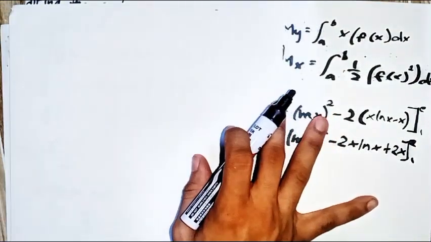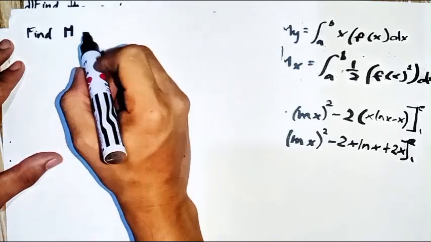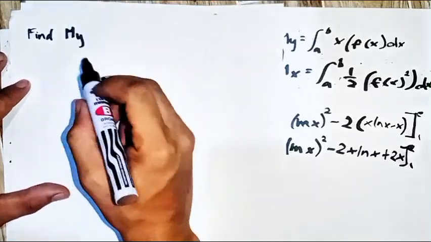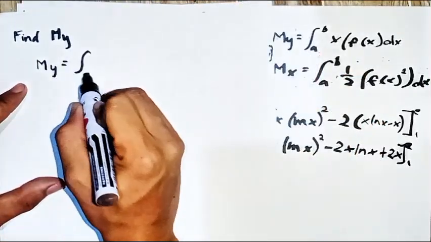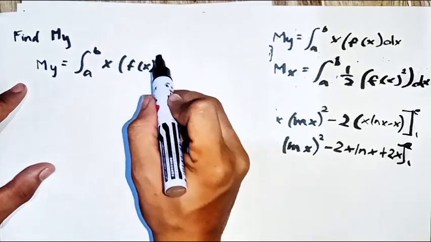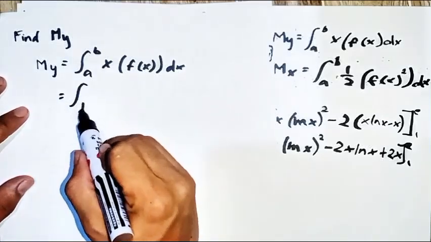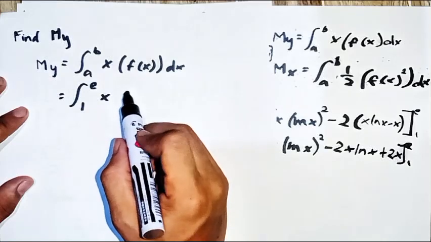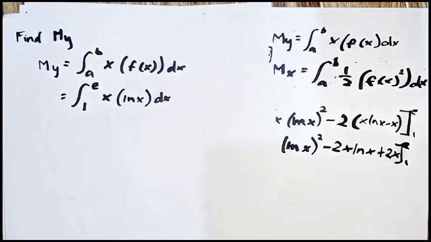To find the moment of y, we have our formula: My is equal to the integral from a to b of x f of x dx. Again, our a is 1 and our b is e, copy the x, and our f of x is ln x. Don't forget the dx.